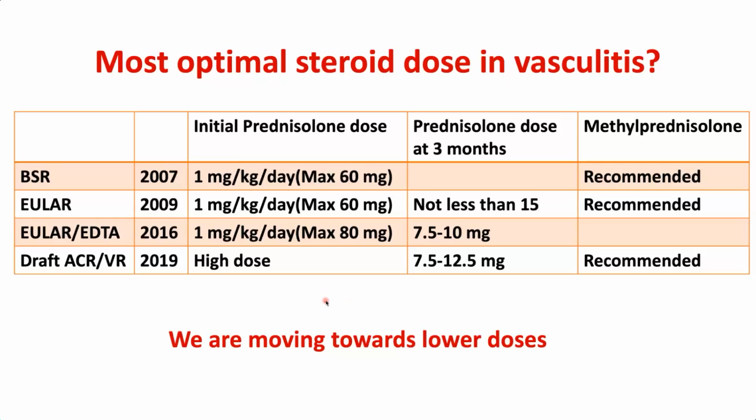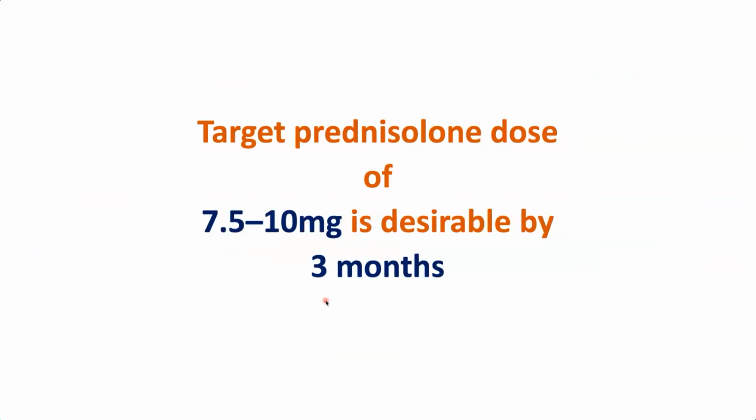This is known in SLE, and this is also realized in vasculitis. So probably it is not the other immunosuppressive drugs, but steroids which contribute more to infections. So again, just to drive home the point, the target prednisolone is 7.5 to 10 milligrams.